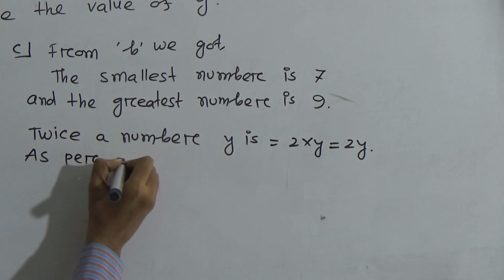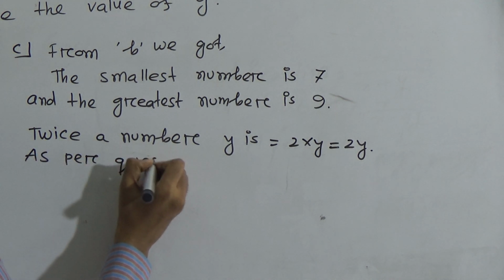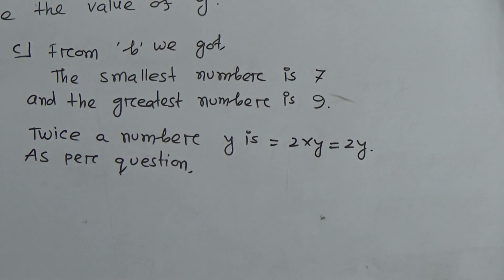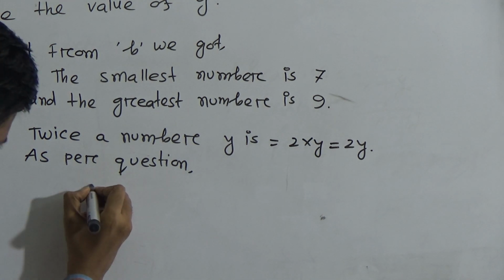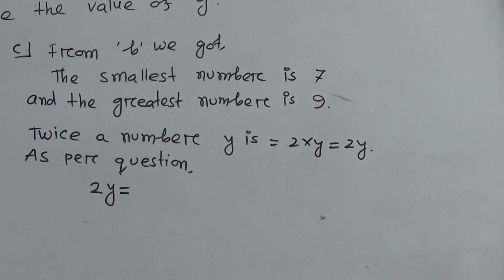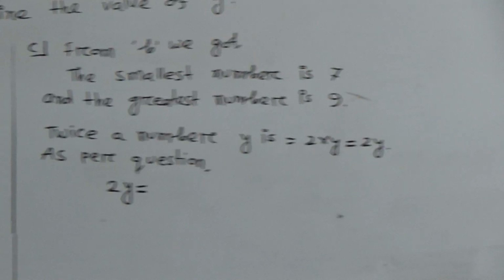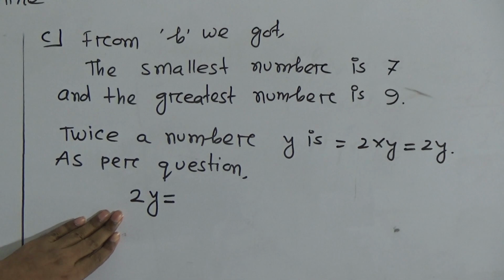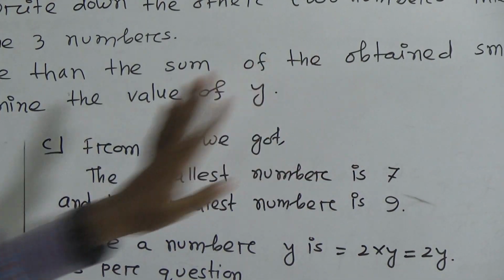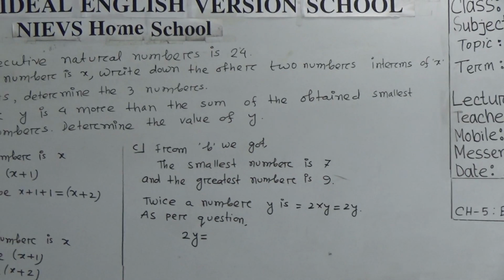Look, twice a number, that means 2y. Twice a number is 2y, and look, twice a number is equal to 4 more than the sum of the obtained smallest and the greatest number.